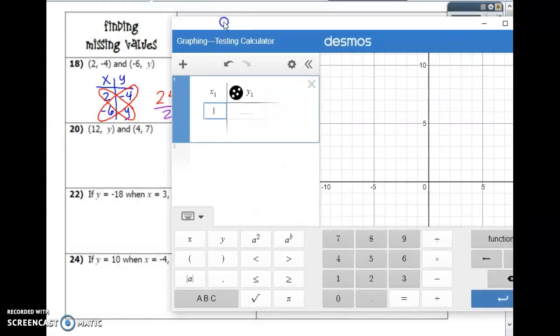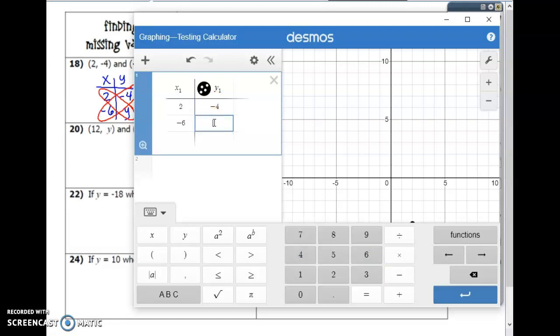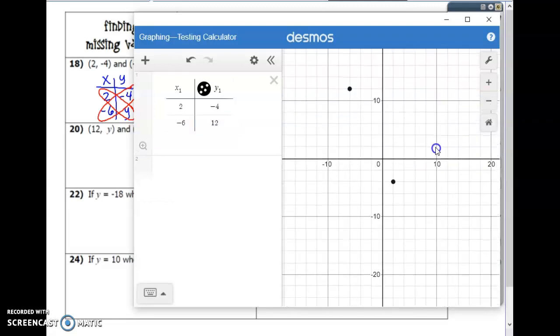I have 2, enter, negative 6. And then over here, negative 4. And here is where I'm going to type my 12 because that's what I got. So let's look at my points. Here it is. If I draw a line, it does go through the origin. Okay?